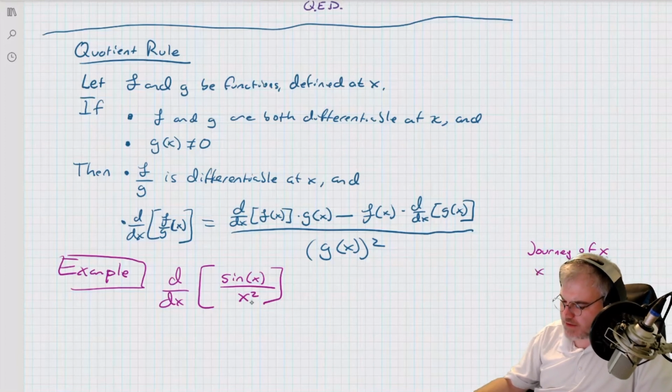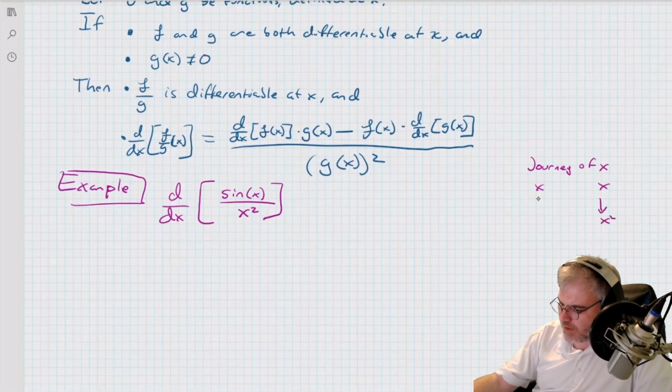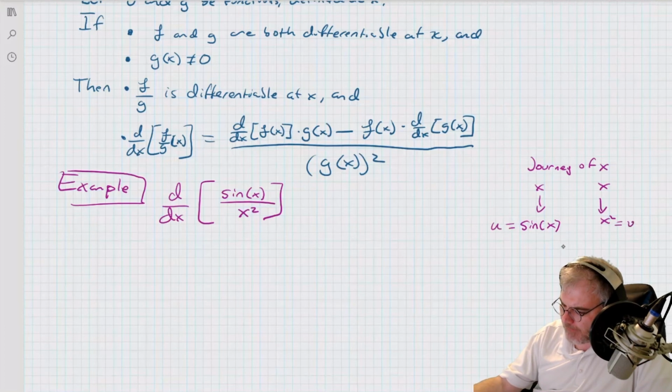X has two places. On this side, it's going to get squared. On this side, it gets affected by the sine function. And then I'm going to take the quotient. I'm going to put them together as u over v. So that's the journey of x.